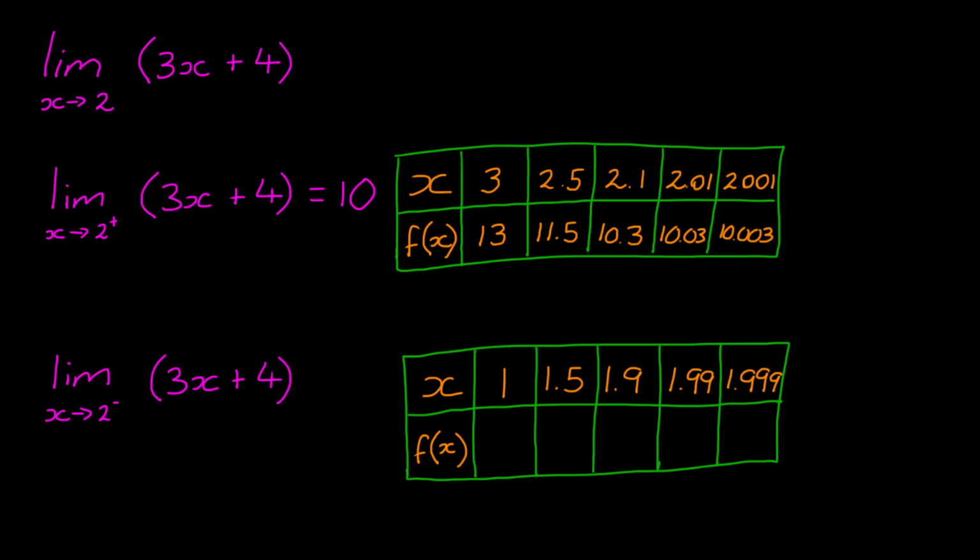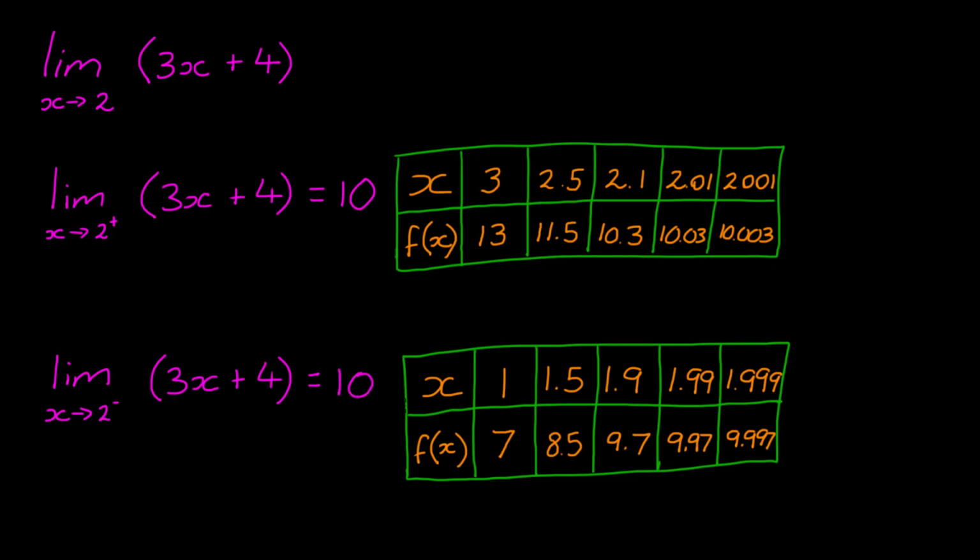And we get the answers 7, 8.5, 9.7, 9.97, and 9.997. And in a similar way to last time, we can see that as the value of x gets closer and closer to 2, the value of our limit is getting closer and closer to 10.